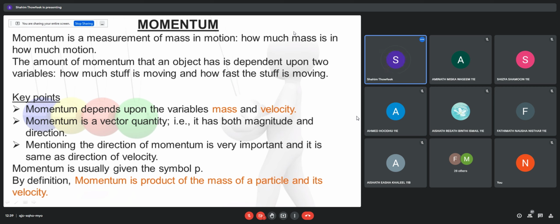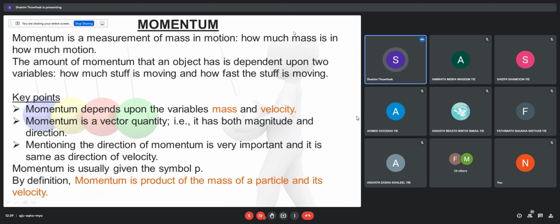When you mention a physical quantity is a vector quantity, it has both magnitude and direction. How to find the direction now? What is the direction of momentum of a moving object?